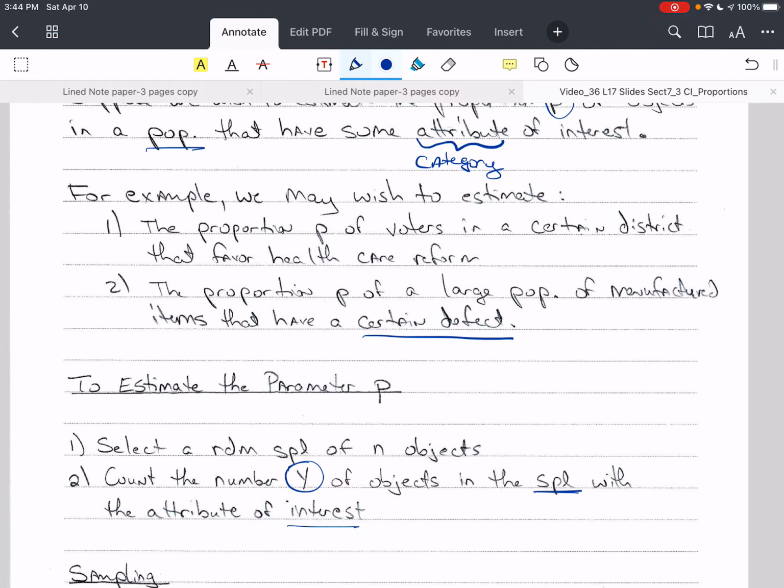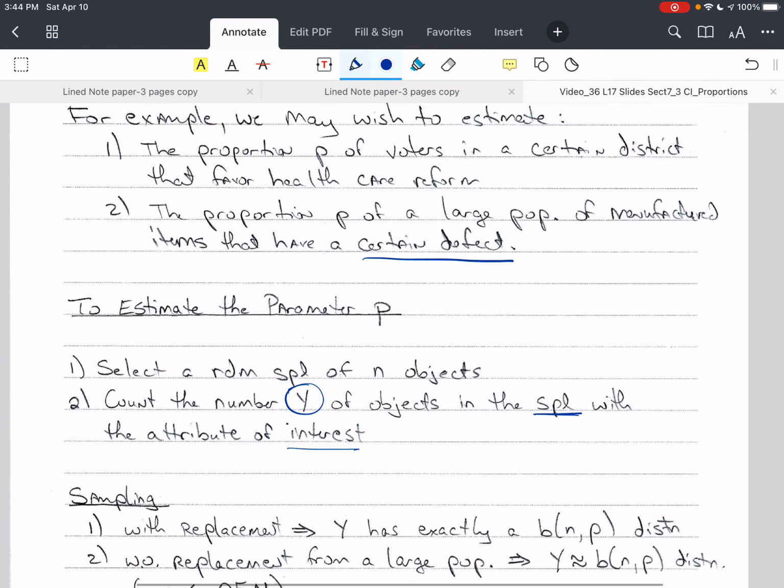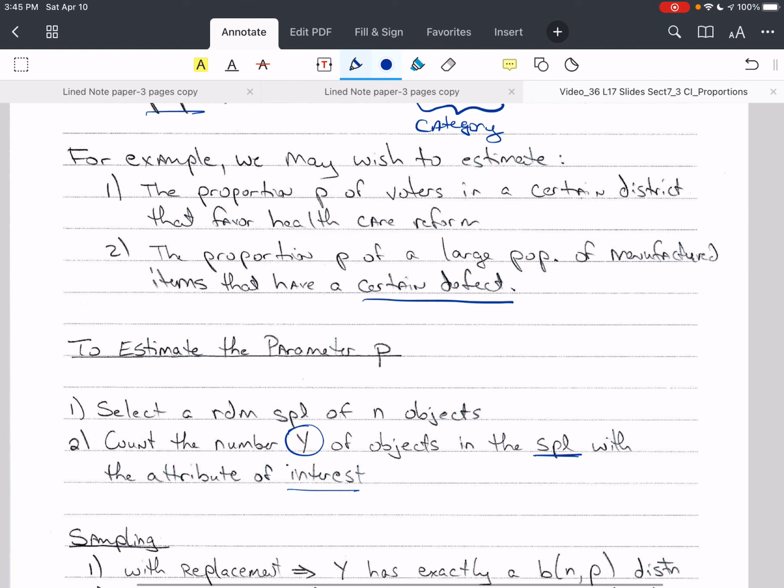Now there's two ways that we can sample. The first is we sample with replacement. So we randomly select from a population, then we put the member of the population back in the population, and then we randomly select again, and we keep doing that until we have n. That is perfectly independent sampling, right?